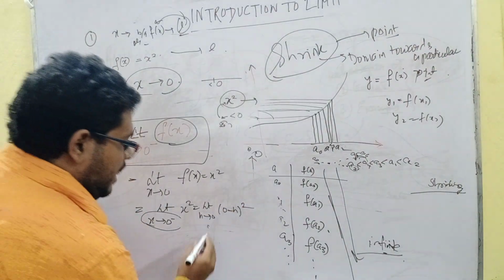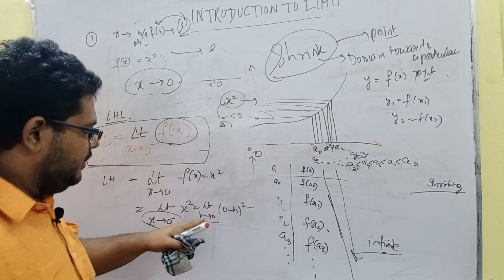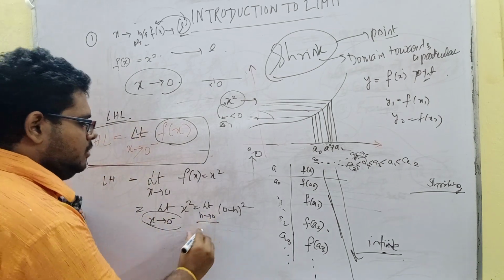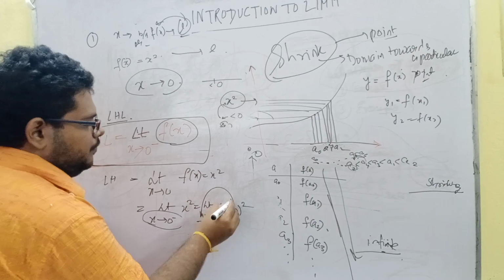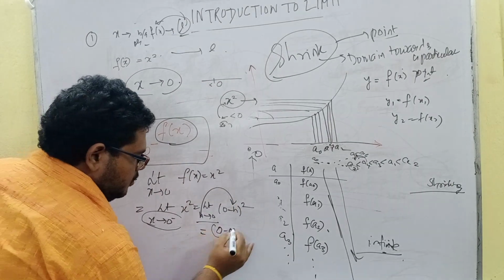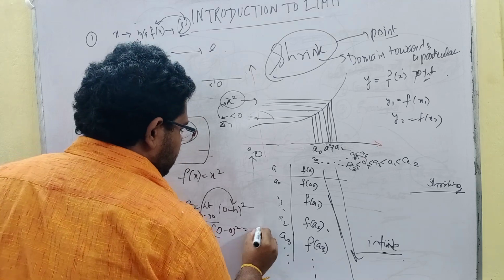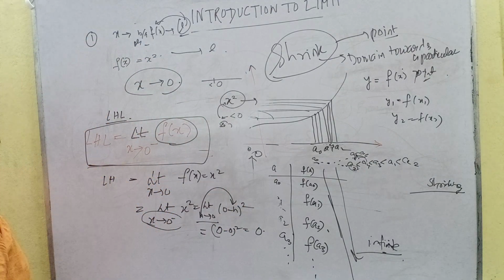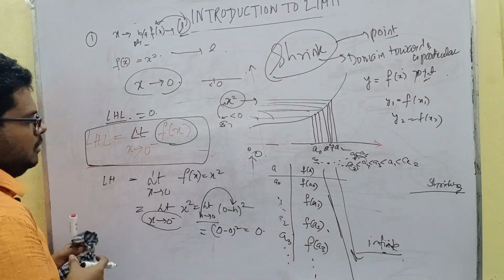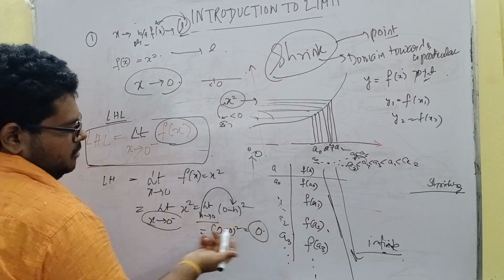Now as h is tending to a particular definite number, there is no minus plus over here in h, so it is going to 0. So we will put the value in this function to find the limit. So this is 0 minus 0 whole square, this is obviously 0. So the left hand limit we have calculated has come around 0.